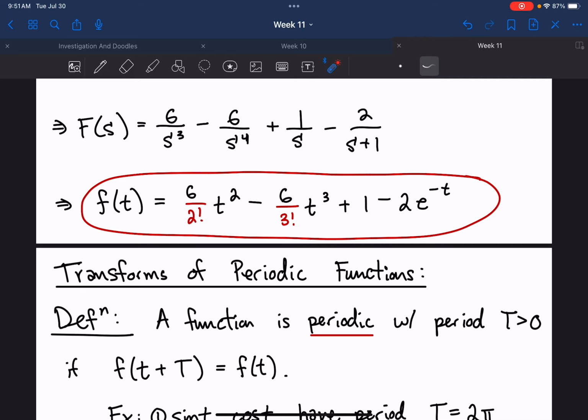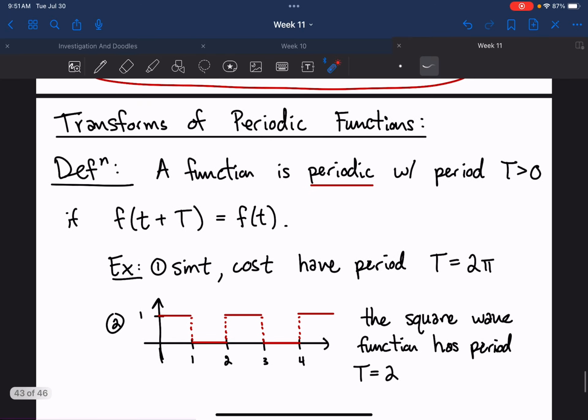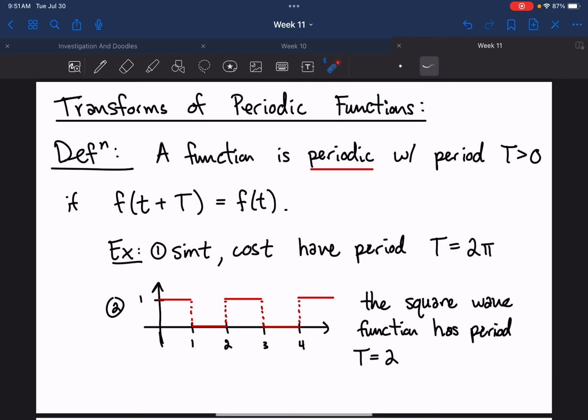Okay, last. Transforms of periodic functions. Periodic functions are like wave functions, right? Think sine t, sine and cosine, and tangent, and all those other things.